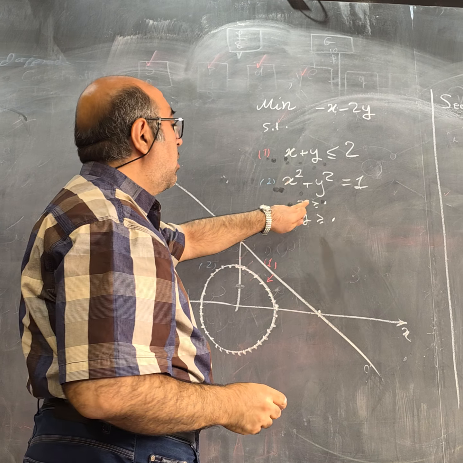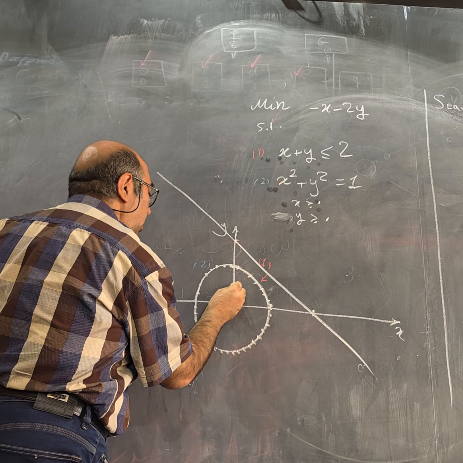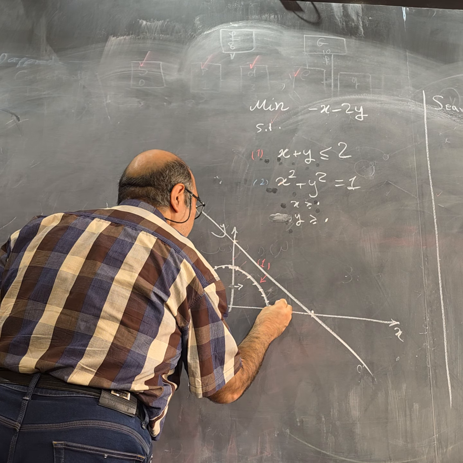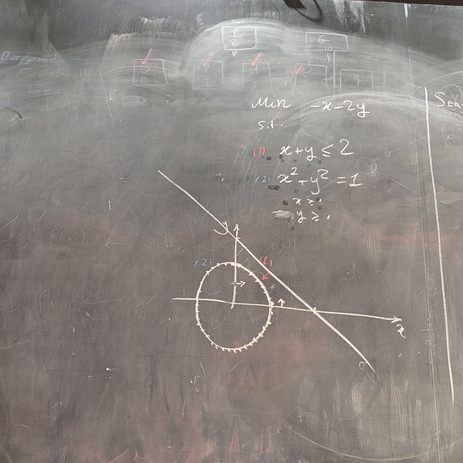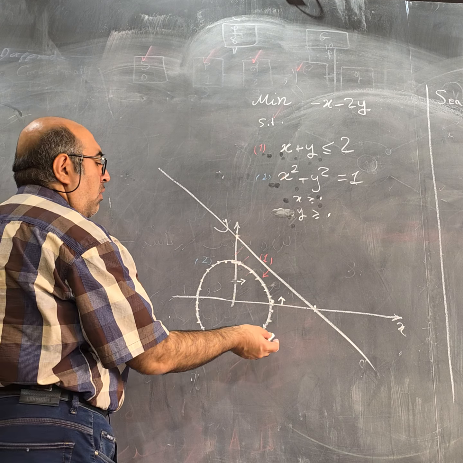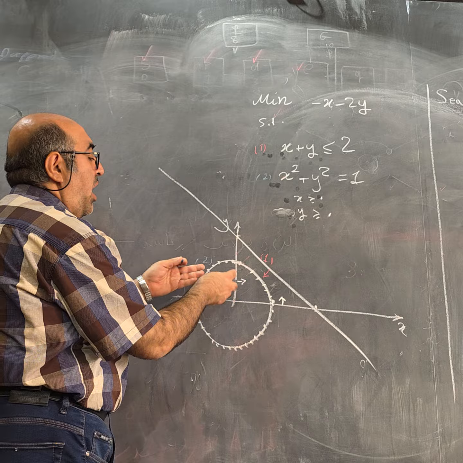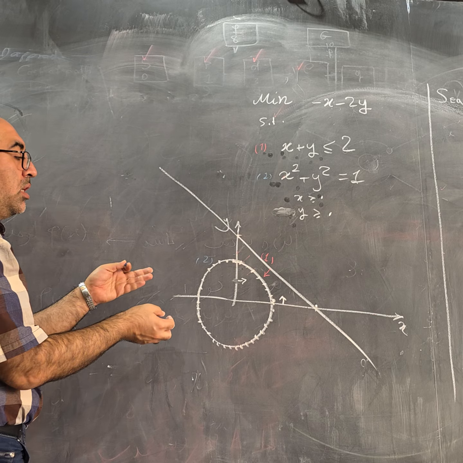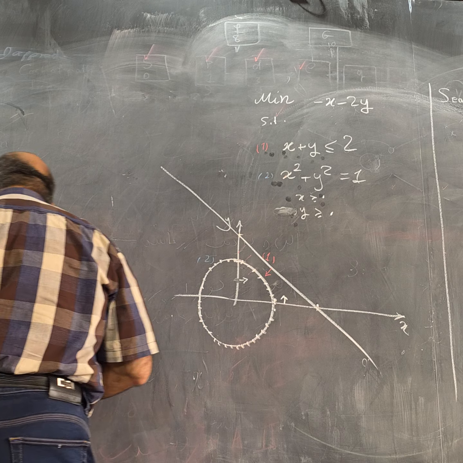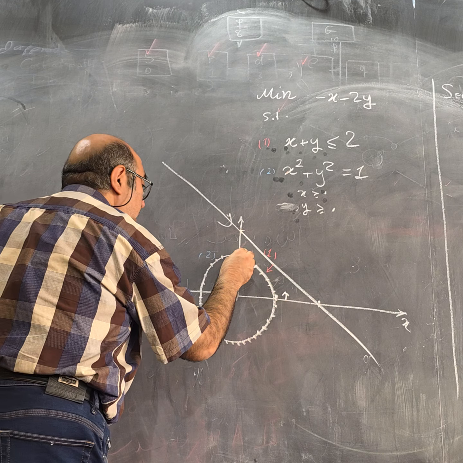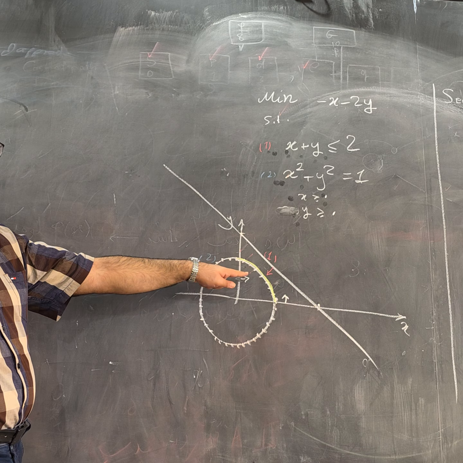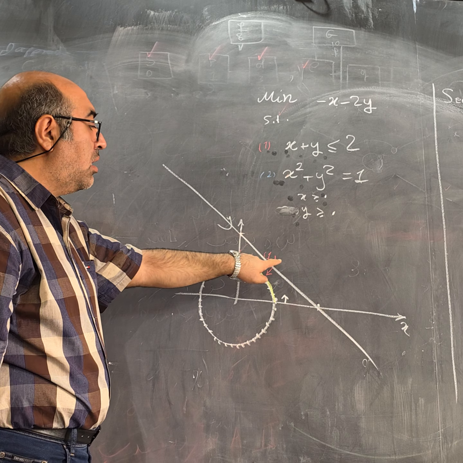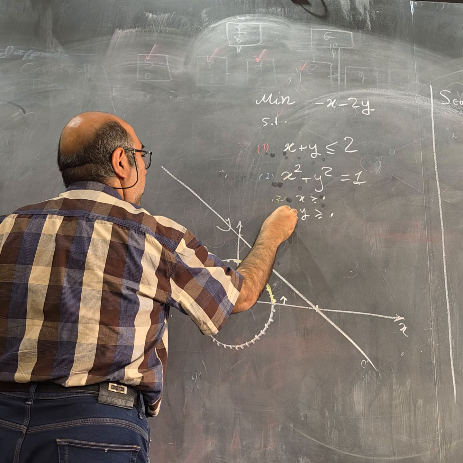And x greater than 0 and y greater than 0. You should solve this problem on the intersection of all of the constraints. The intersection of all of the constraints is this green part, located on the circle, less than constraint 1 and greater than 0 based on constraints 3 and 4.